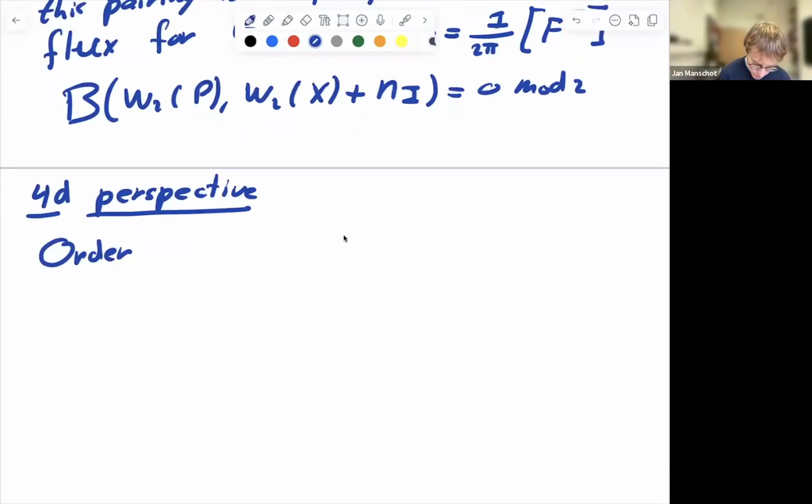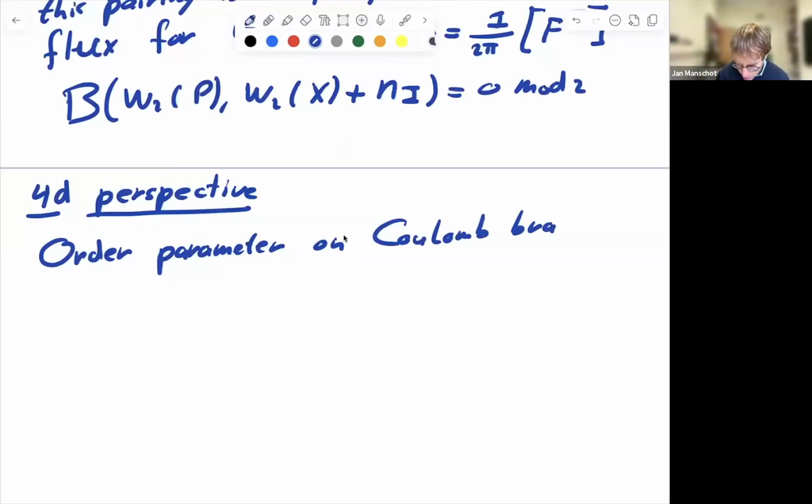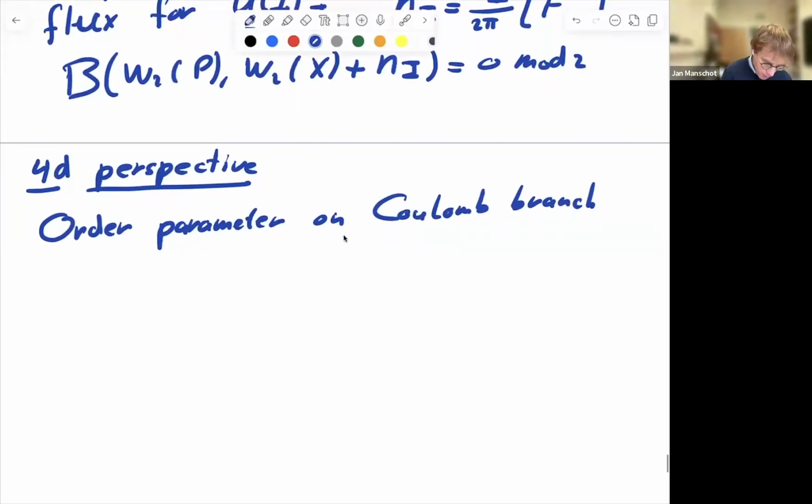The order parameter on one branch is the Wilson line.